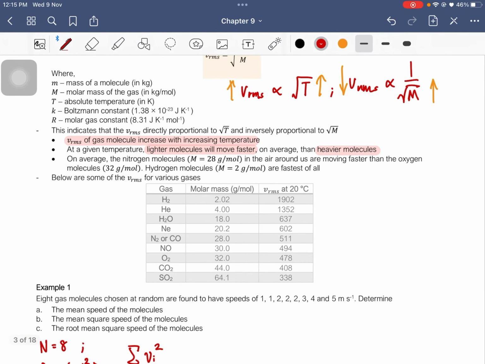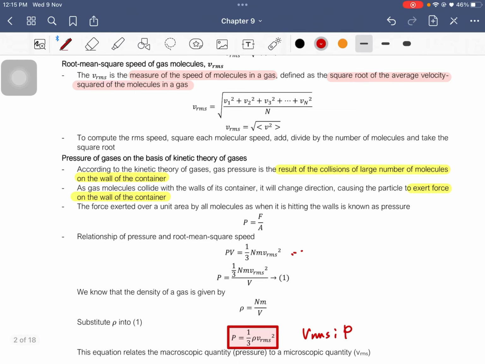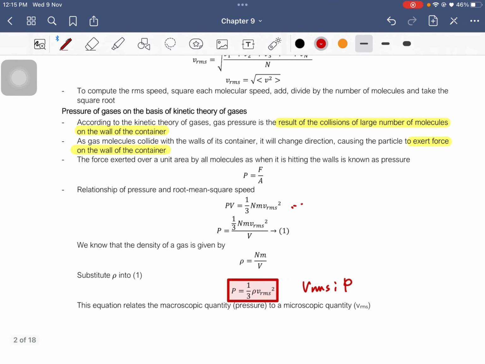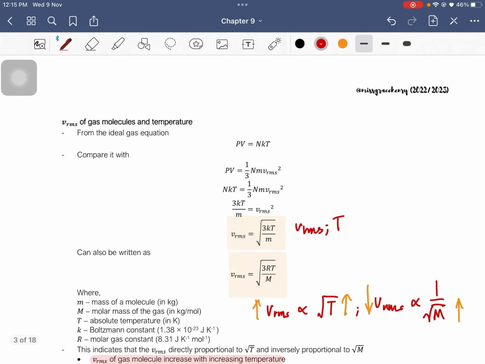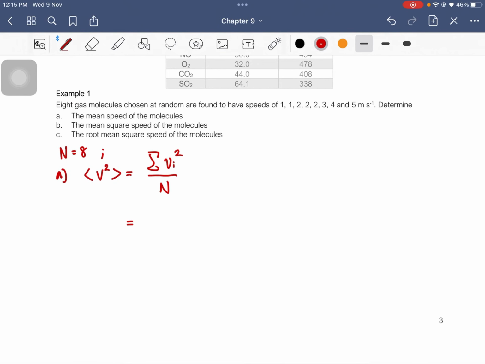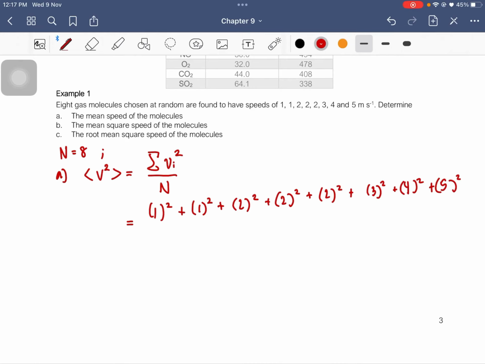I forgot where the formula is. v_RMS equal to the mean square speed. It only asks for the mean square speed. So the mean square speed is just this, the average, and then we square it. So that is 1 squared, 2 squared, 3 squared plus 4 squared plus 5 squared.